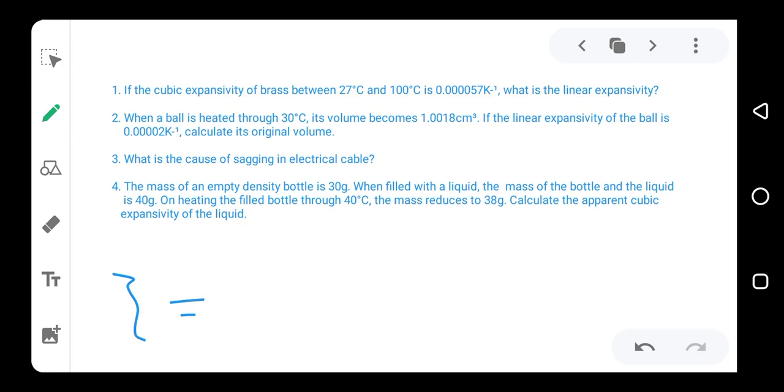This is equal to the change in mass all over the mass left times the temperature change, or change in volume all over the volume left times the temperature change, or change in weight all over the weight left times the temperature change.